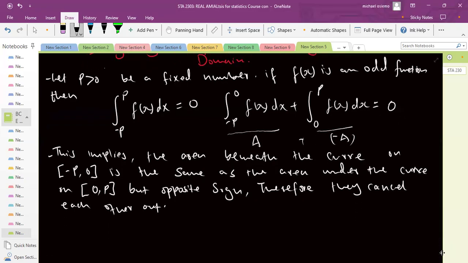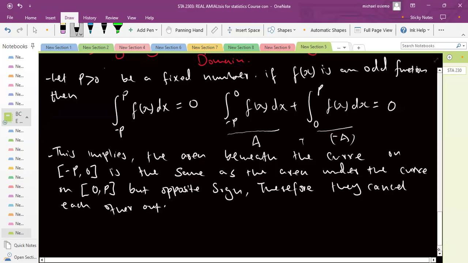Then also again we have integrating even functions over the same domain. So you can see when you're integrating an odd function over a symmetrical domain, then it will be equal to 0. Now, what happens if the function is even?